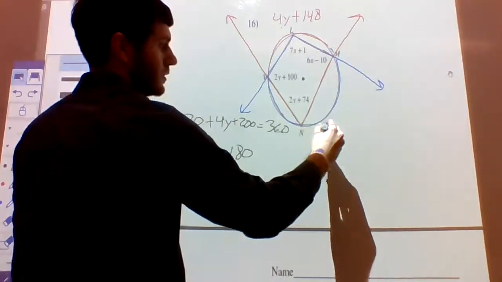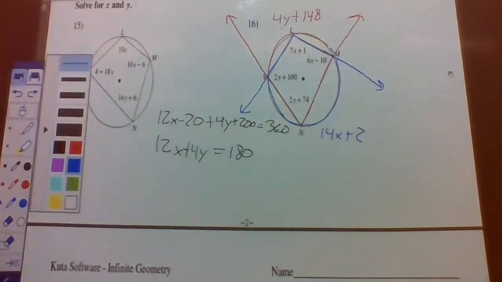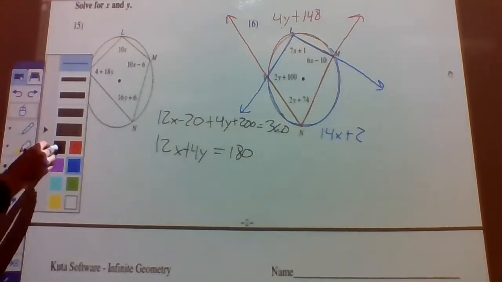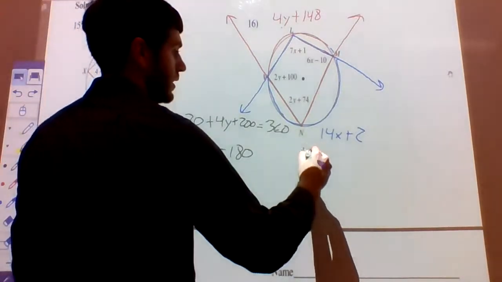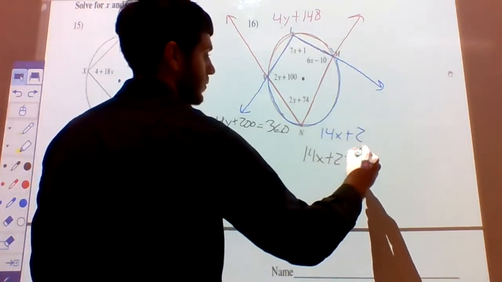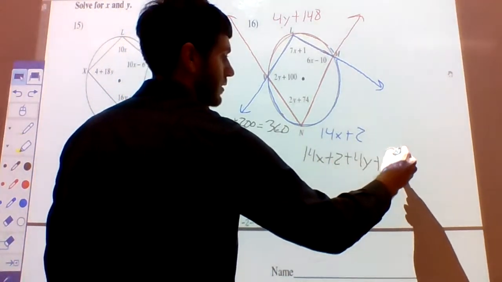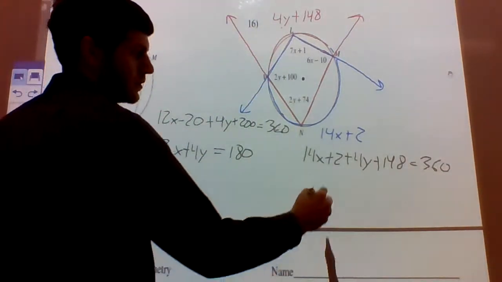So this is going to be 14x plus 2. Okay, times 2. So our equation here is going to be 4y, let's start x first, 14x plus 2 plus 4y plus 148, again equals 360, it's all the way around.